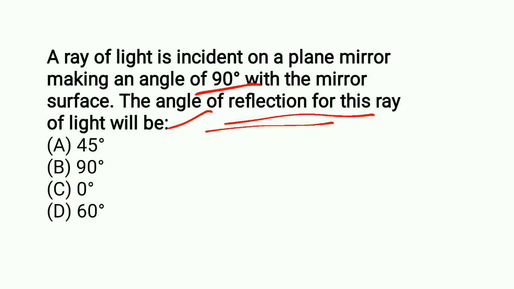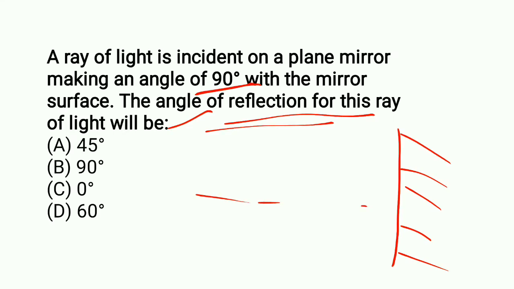So let us consider one plane mirror. Here this is the normal. A ray of light is incident on a plane mirror making an angle of 90 degrees, which means the ray of light is going to be incident along the normal. Now the question is, the angle of reflection for this ray is equal to how much?